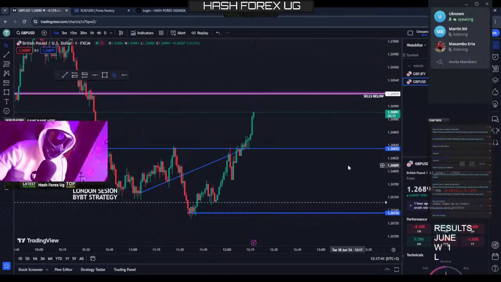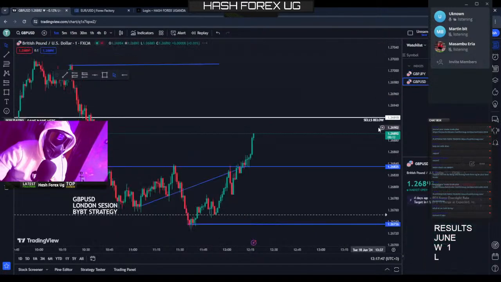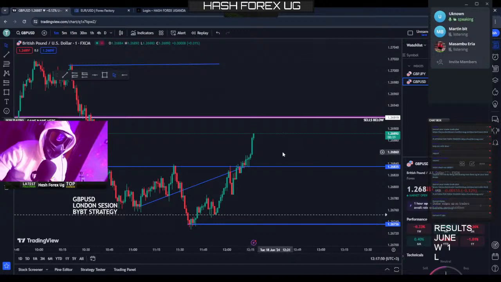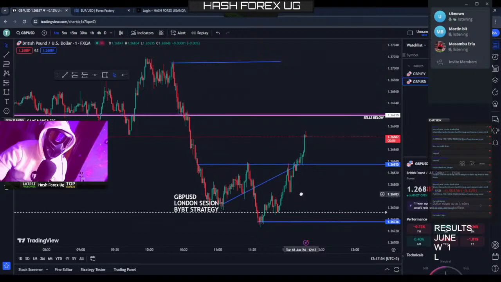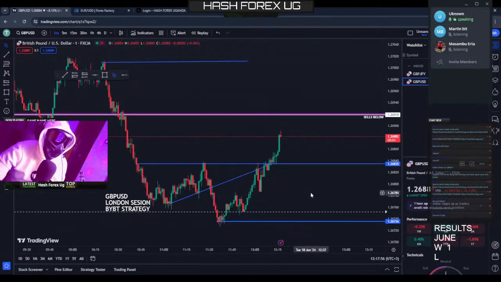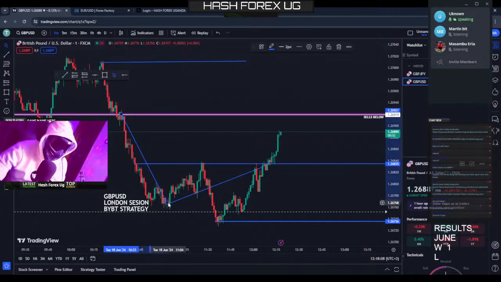Okay. I think today the markets are just moving with no proper confirmations in the market. So GU breaking this zone here has also done the same thing as GJ did on the uptrend.